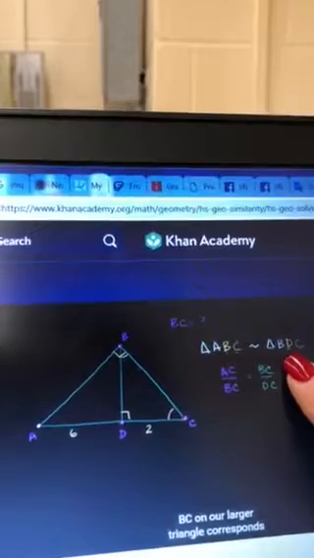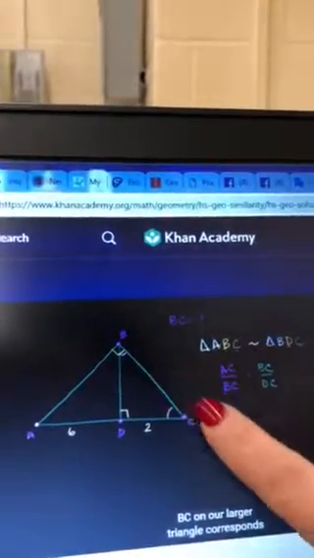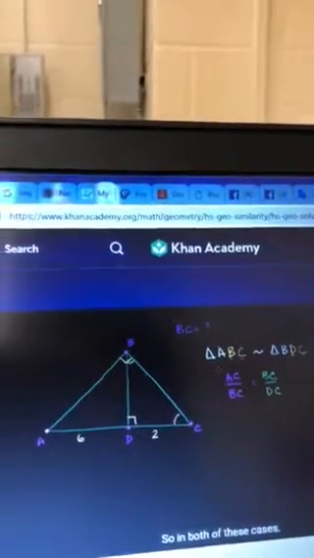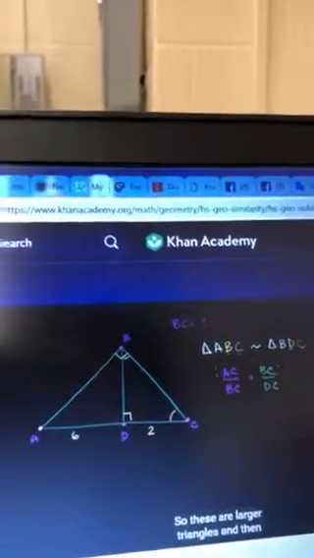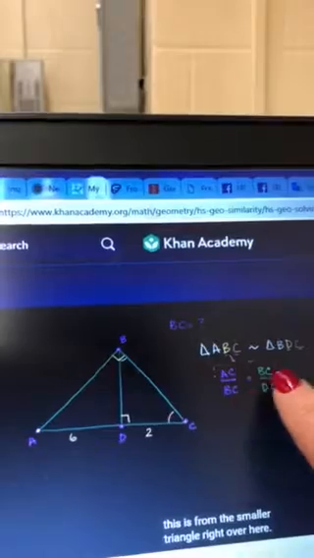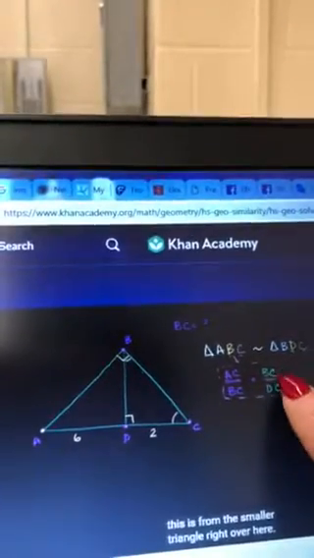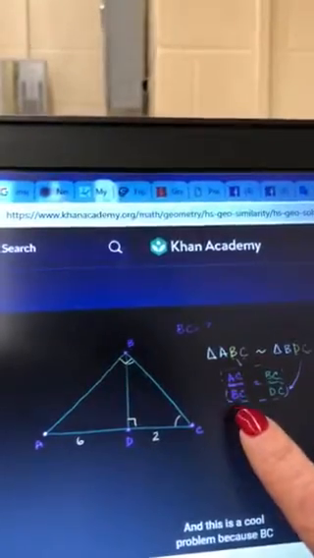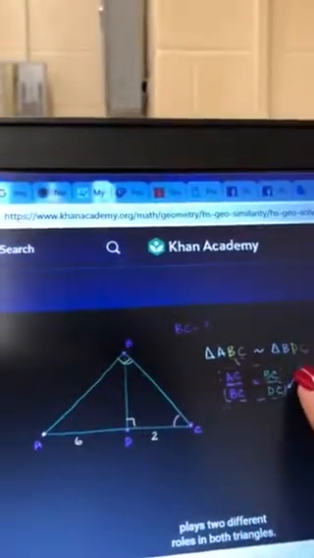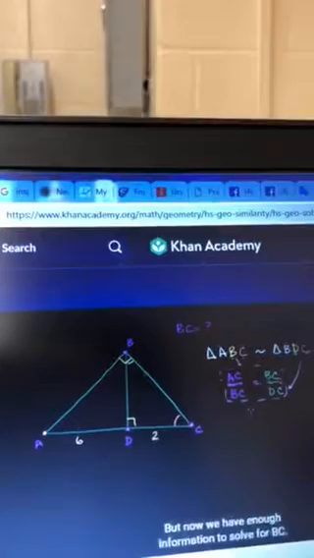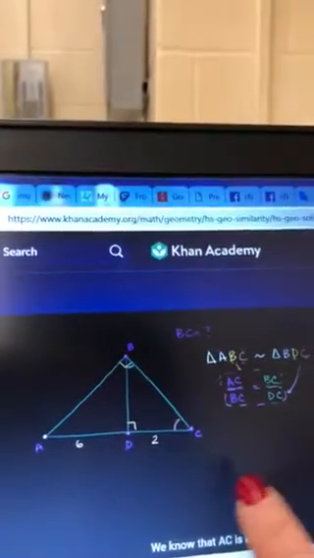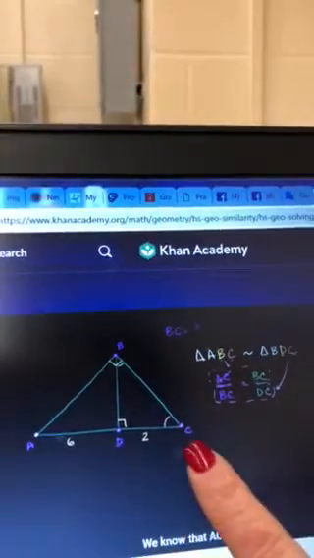BC is the shortest one for the big triangle, and DC is the shortest one for the little triangle. Okay, and he color-coded it, right? So he's also telling you that BC comes in 2 places. BC for the little triangle is the hypotenuse, that's here, and BC for the big triangle, big on top, is the short leg, right?